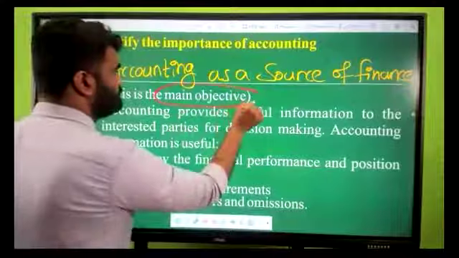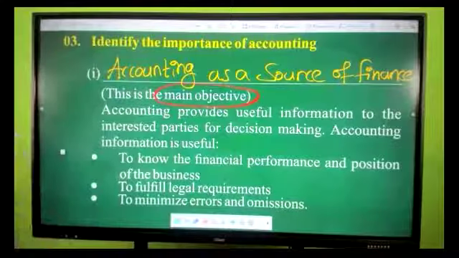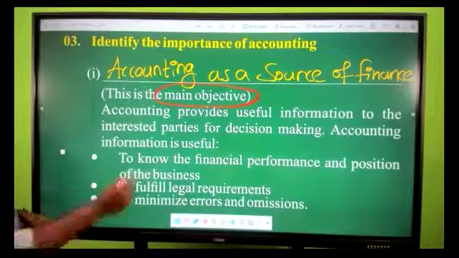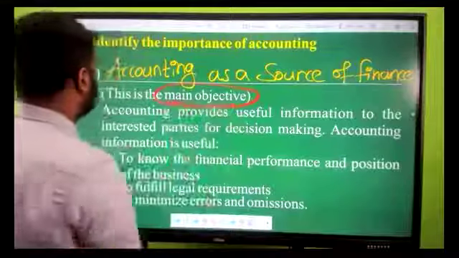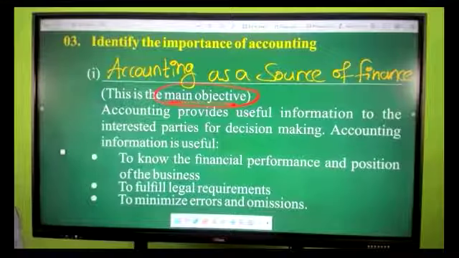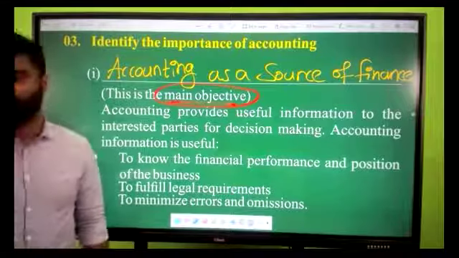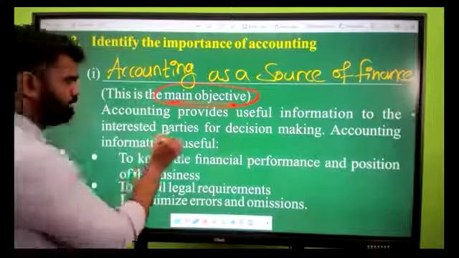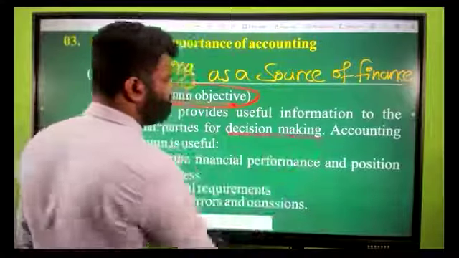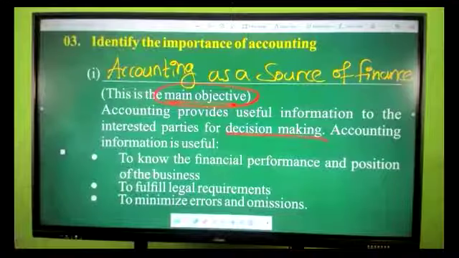Right, we provide financial statements to decision makers. So this is the main objective of accounting. Okay, read it. Accounting provides useful information to the interested parties for decision making. Right, we are serving the decision makers.